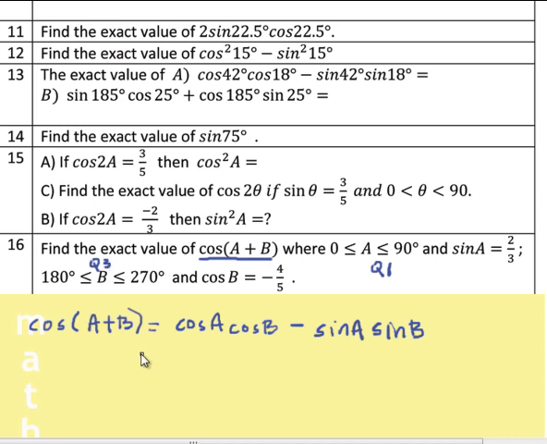All right, now let's fill in the values that were given. We have sine A is 2/3, so we'll put it here. And we have cos B is minus 4/5, so let's put that here.